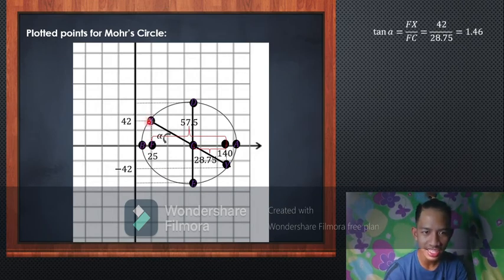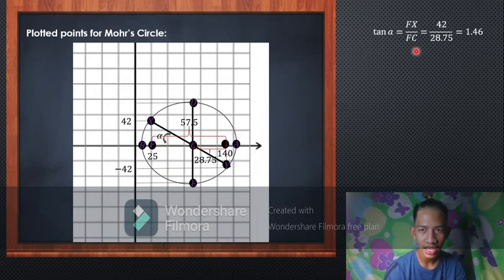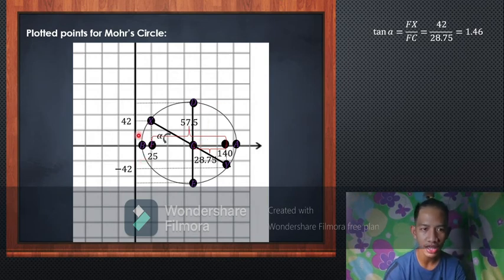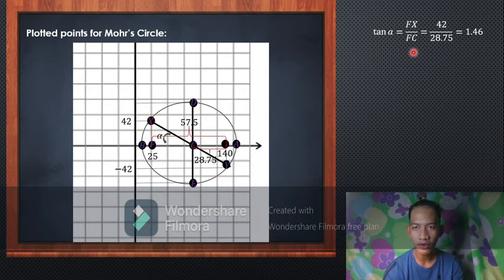To get tangent 2 theta A, the equation is FX over FC. The value of FX is 42, and the value of FC is equal to 28.75.